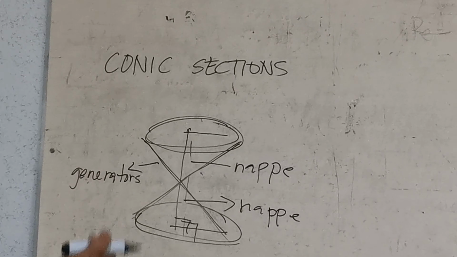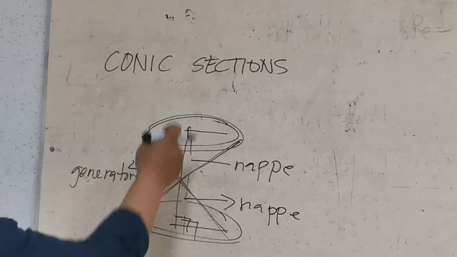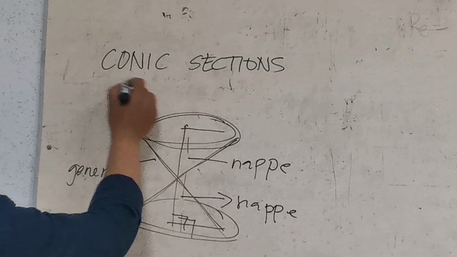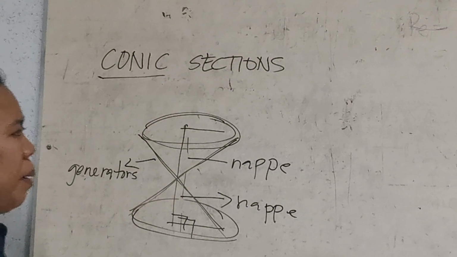Then imagine that a plane will cut these two cones. We will create the conic sections or simply the conics. What are those conics?